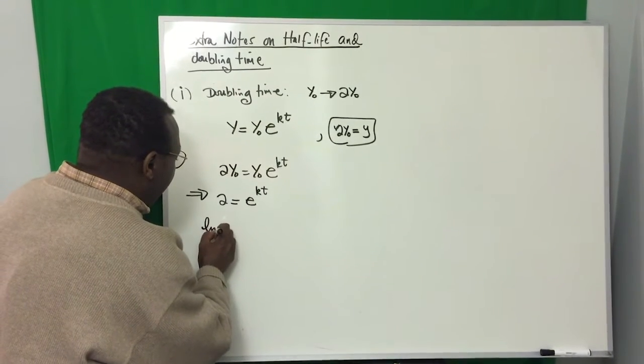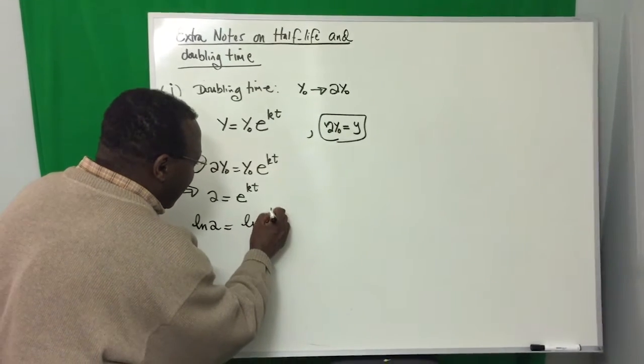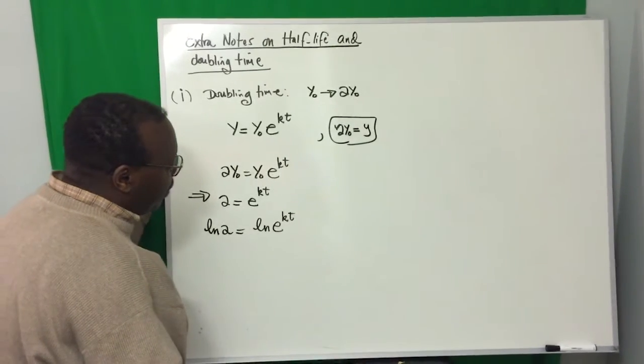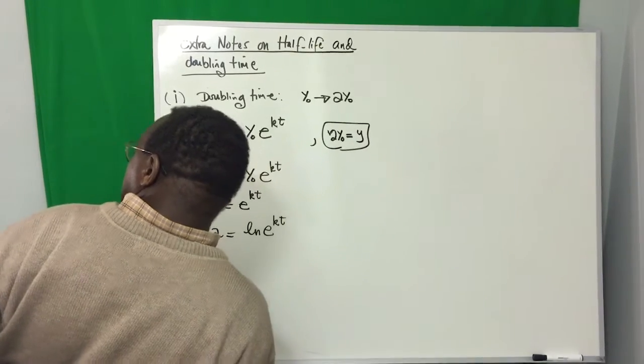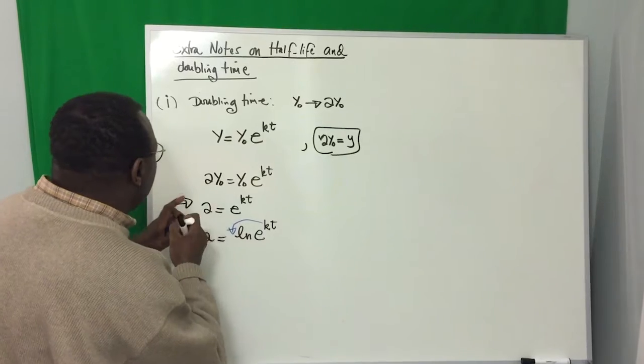We have ln of 2 is ln e^(kt). And as we have said before, logs drop exponents. This will be dropped up front.